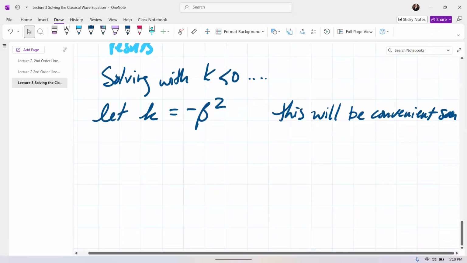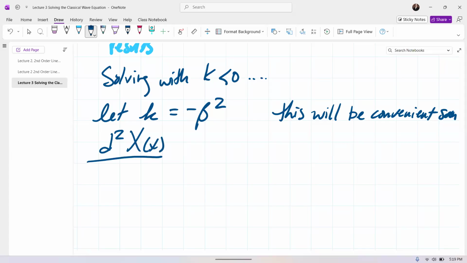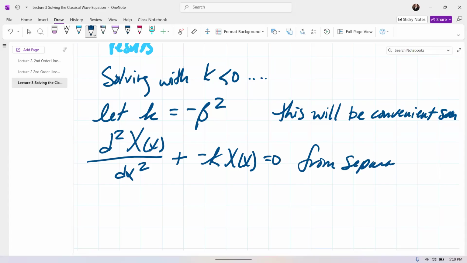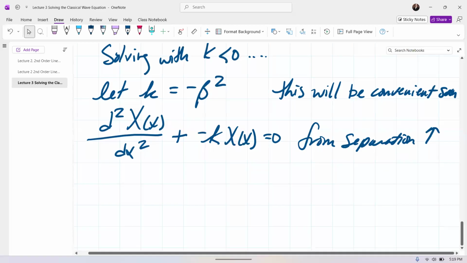Okay, now we need to pull down our equation. D squared X of x, so I'm picking my positional side, plus negative k X of x equals 0 from above. And now I'm going to sub in the definition of beta.